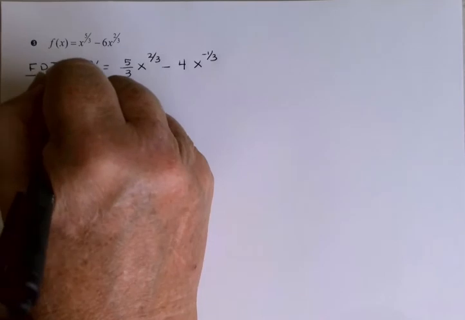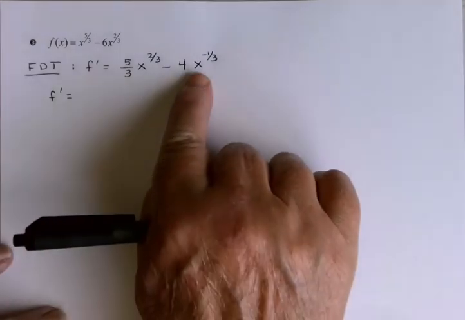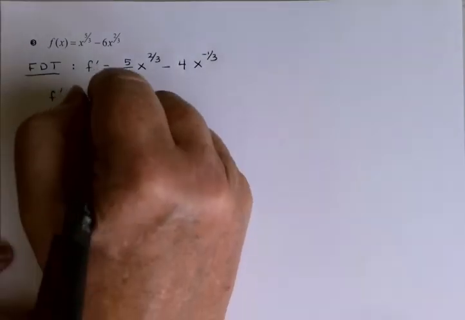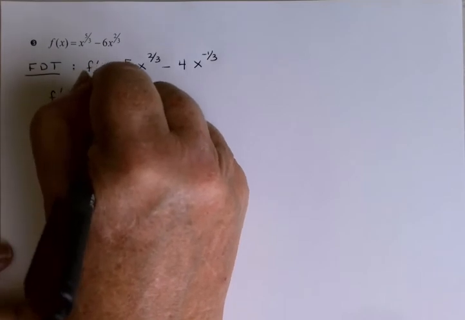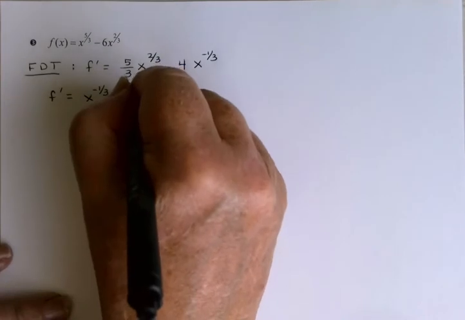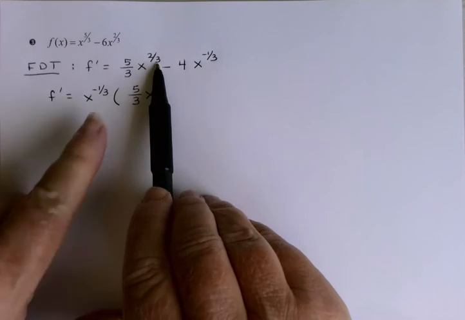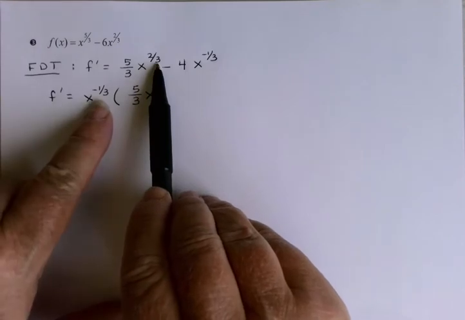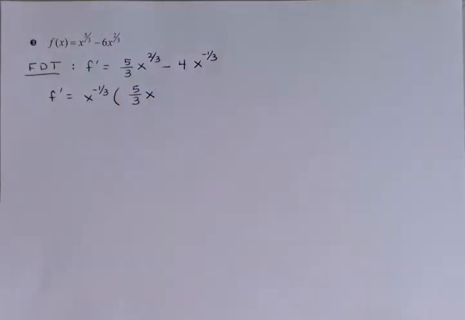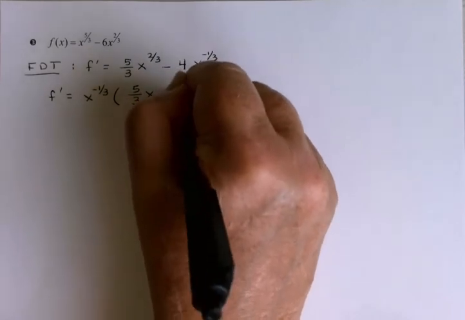I'm going to go ahead and, like we started doing in the last examples, factor out the smallest power of x, which would be this x to the negative 1/3. I'll get 5/3. And then on my x, notice 2/3 minus a negative 1/3. 2/3 plus a third is just 1. So that's just x to the first, which is really nice, right? Minus 4.